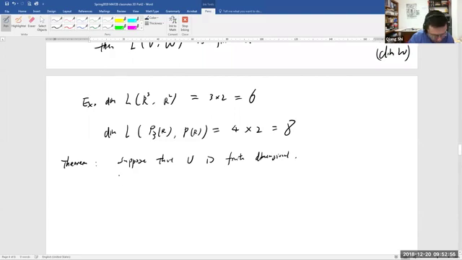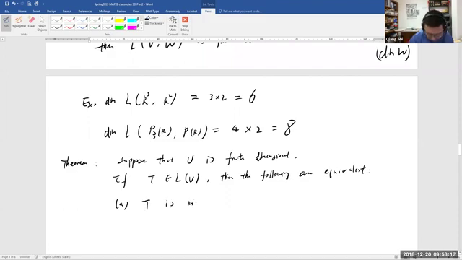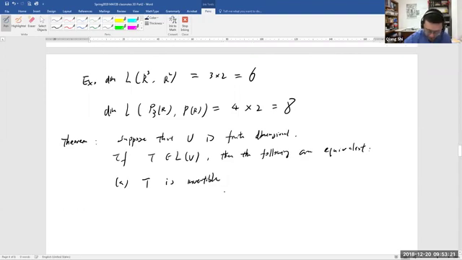All right. So if T belongs to L(V), then the following are equivalent. So there are three things. The strongest requirement is T is invertible, right? This means T is injective and surjective.